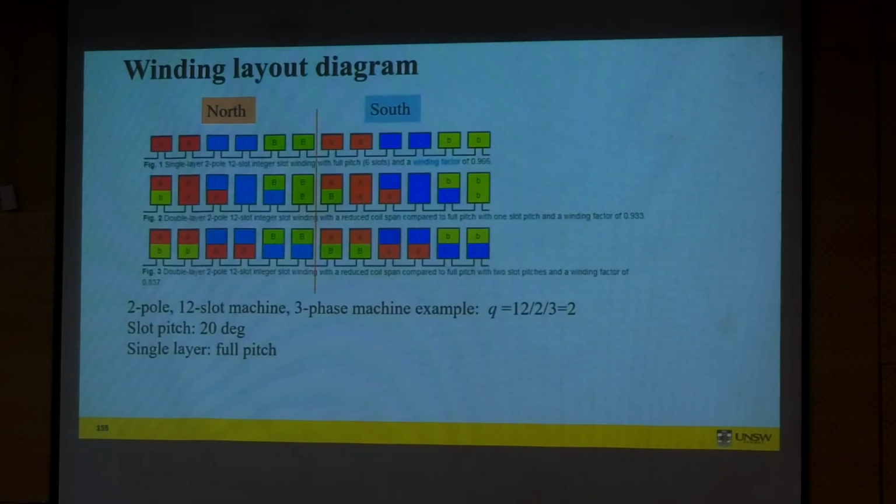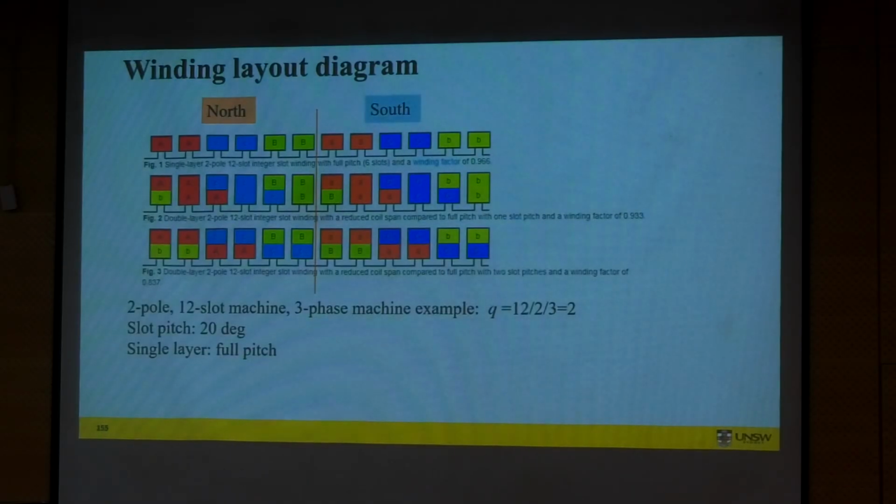In that case, usually we lay out all the slots in a linear way, although it is circular, as if you have opened it up. This is the layout diagram for windings, and then we can determine quite easily where will be our positive of phase A, where will be our positive of phase B, where will be our negative, etc.